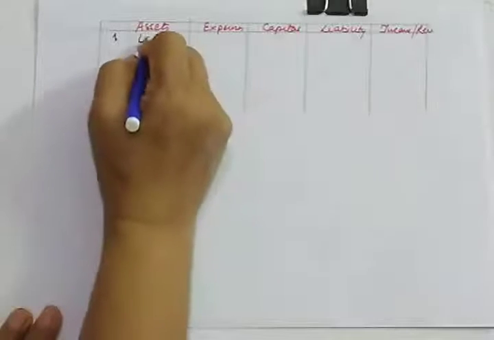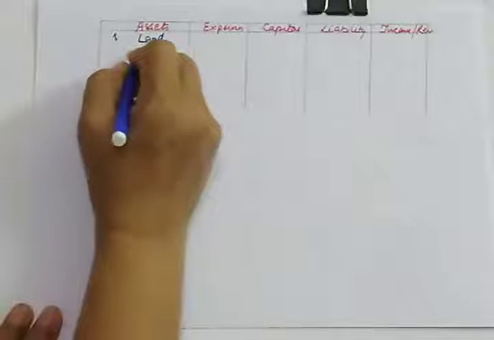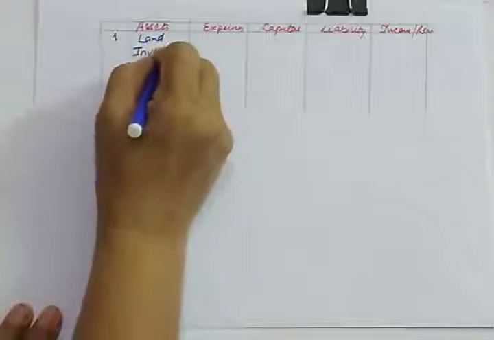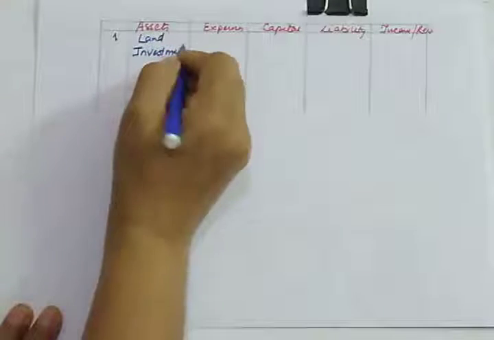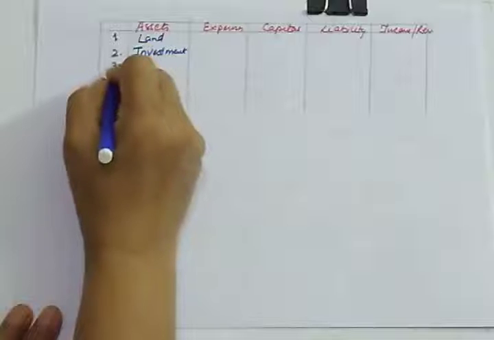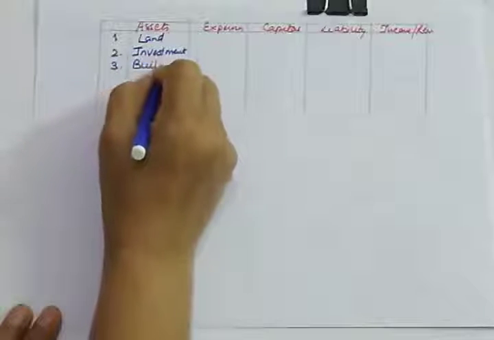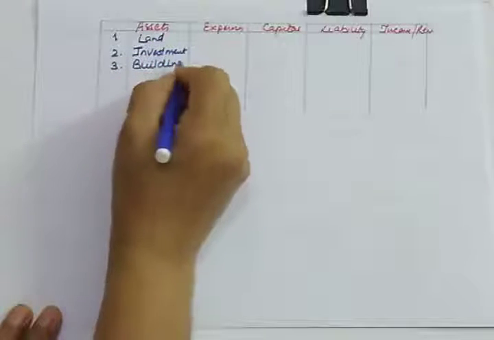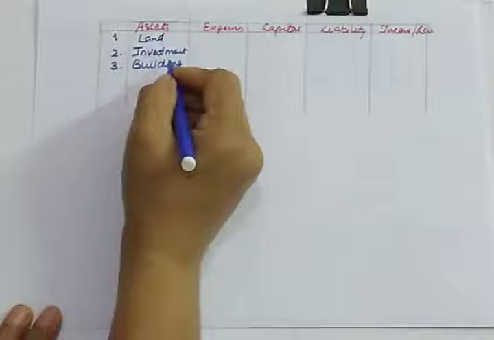So let us see the first account. The first category given to us is land. Land will come under asset because this is your property. Now the second one is investment. Investment is again your asset. Then next is building. Next, interest received.